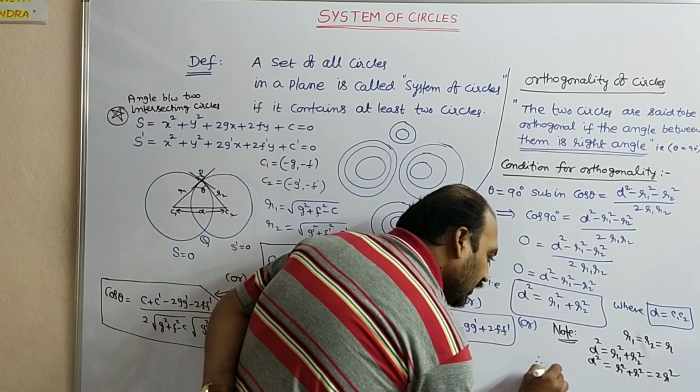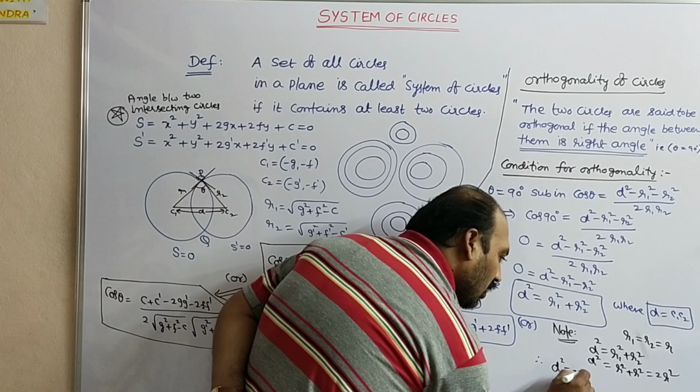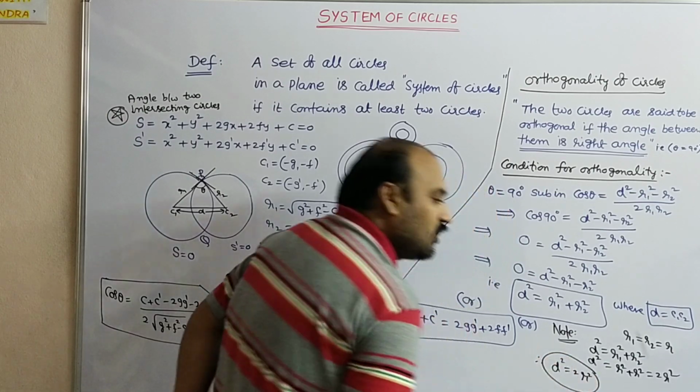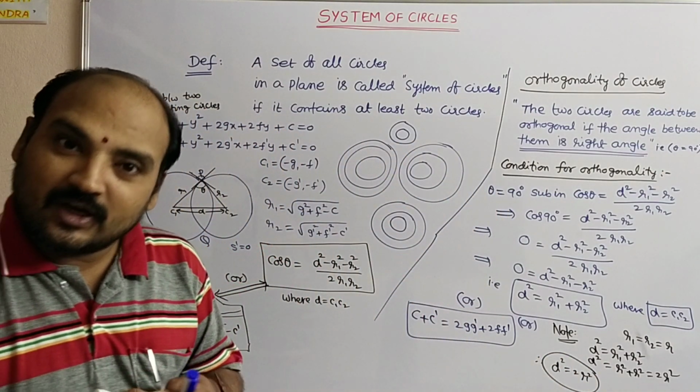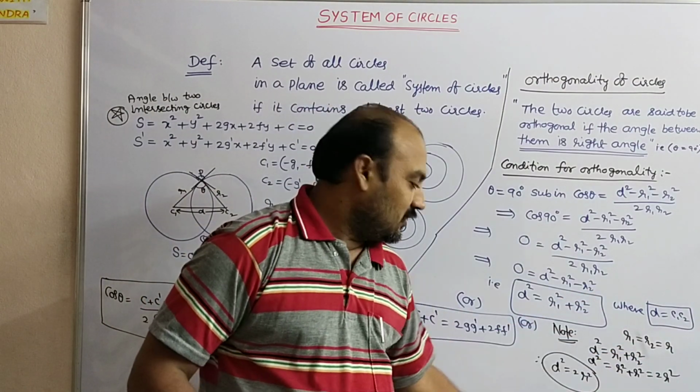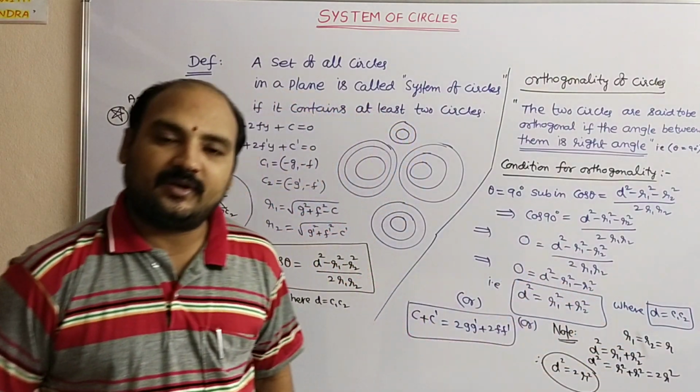Therefore, whenever d square is equal to 2r square, the two circles are orthogonal with equal radii.